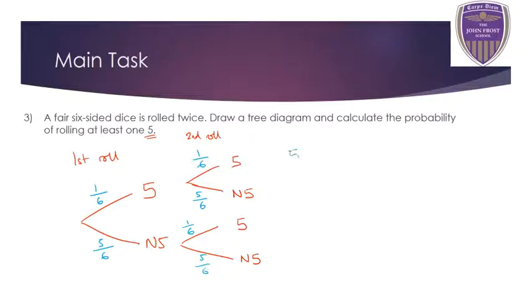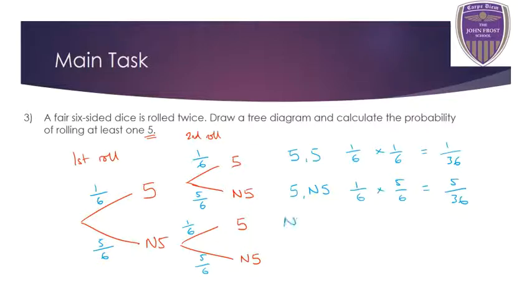Okay, then we do our outcomes. So we can get a 5 and a 5. 1/6 times 1/6, 1 over 36. Okay, we can get a 5 and then not a 5, which is 1/6 times 5/6, which is 5 over 36.